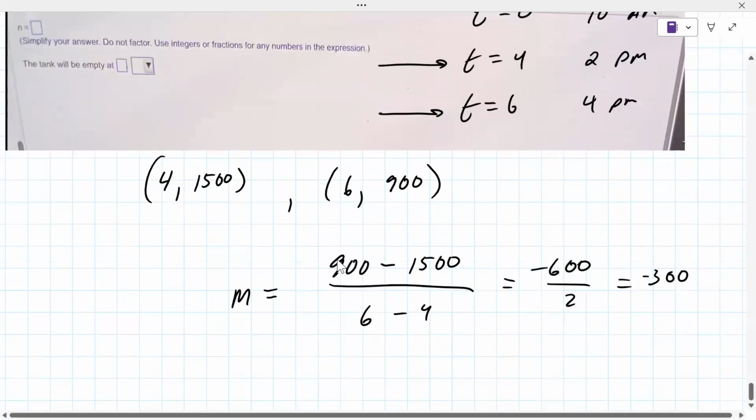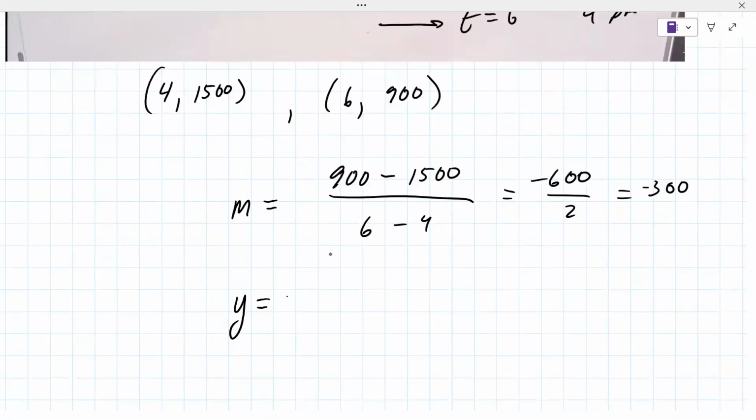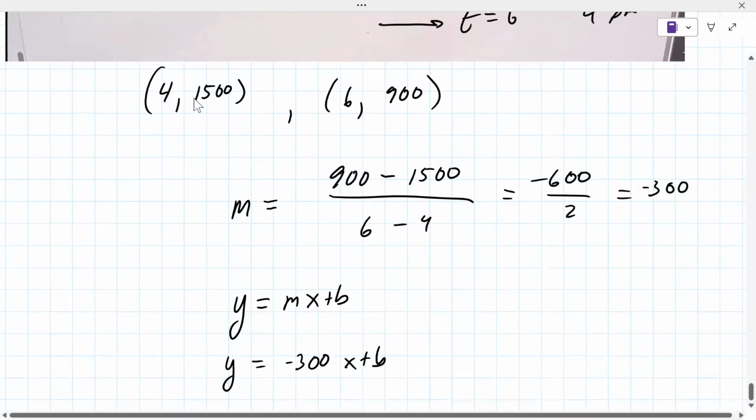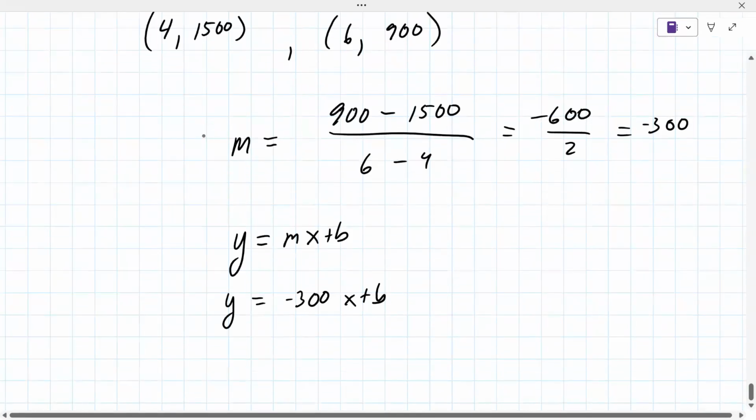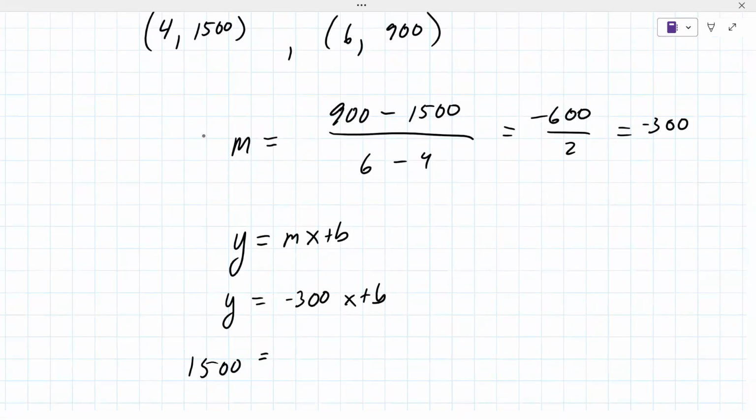So the way I recommend doing this is just using the standard y equals mx plus b. This is minus 300x plus b, and then we use one ordered pair or the other. It doesn't matter which one to find the b value. Let's go 1,500 equals minus 300 times 4 plus b.